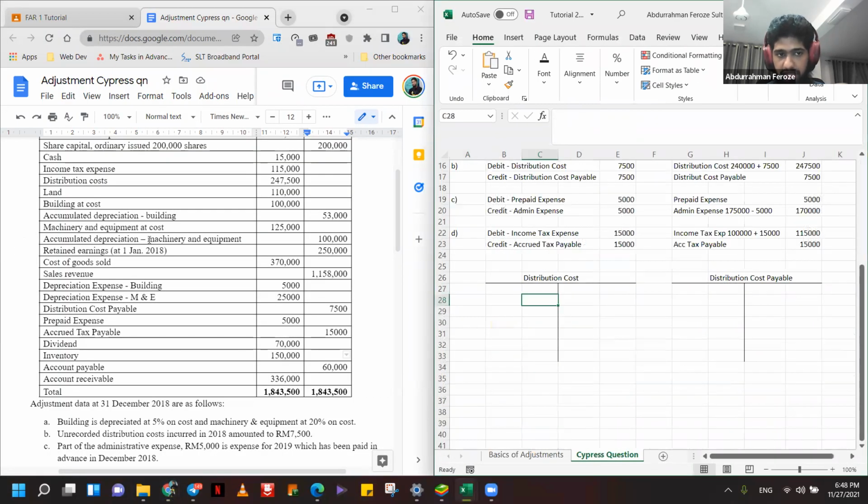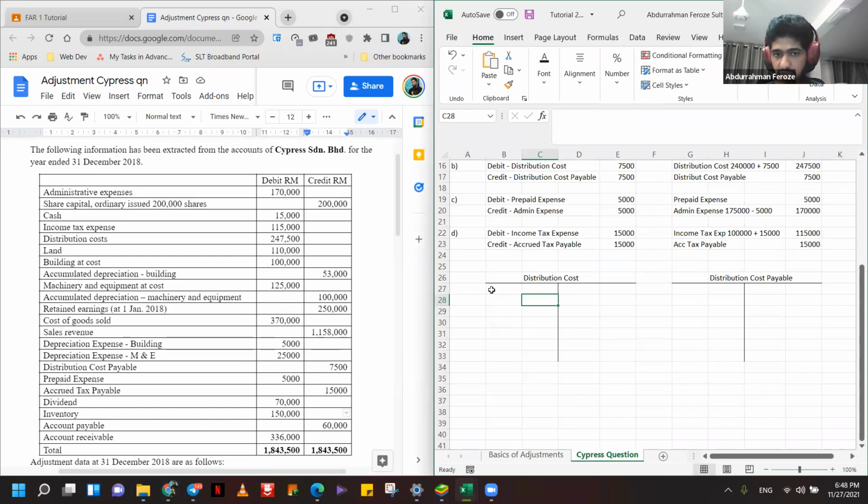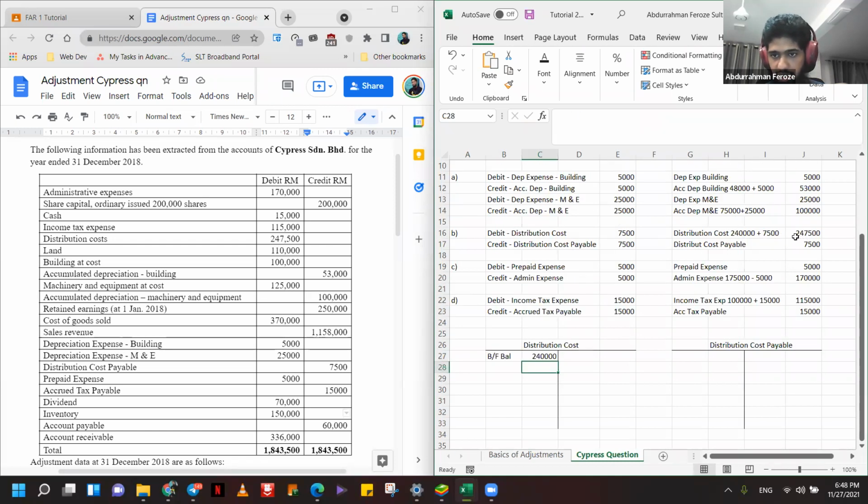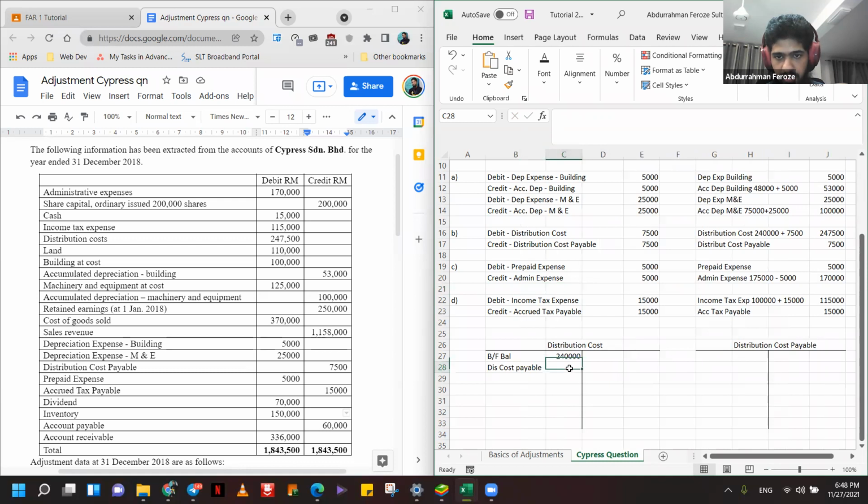So the unadjusted balance for distribution costs was 240,000. We have changed it here, right? So then we can say brought forward balance, 240,000. And then over here distribution cost was debited 7,500, distribution cost payable, 7,500.